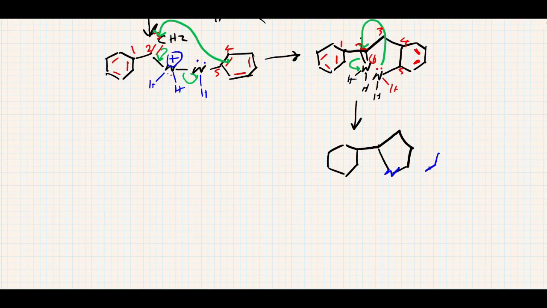So this is attached to the benzene ring. We still have these bonds here, and we still have these bonds too. So now, what has changed is this bond that we have just created here.